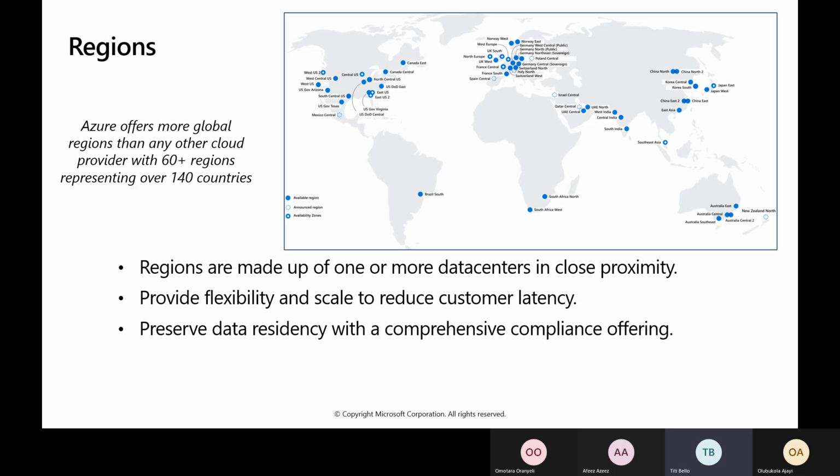The US, that's America, is divided into different sub-regions. What we first described is a geography or a boundary. Now we are breaking them down further into regions. Under the US, you have what we call Central US, East US, and West US.